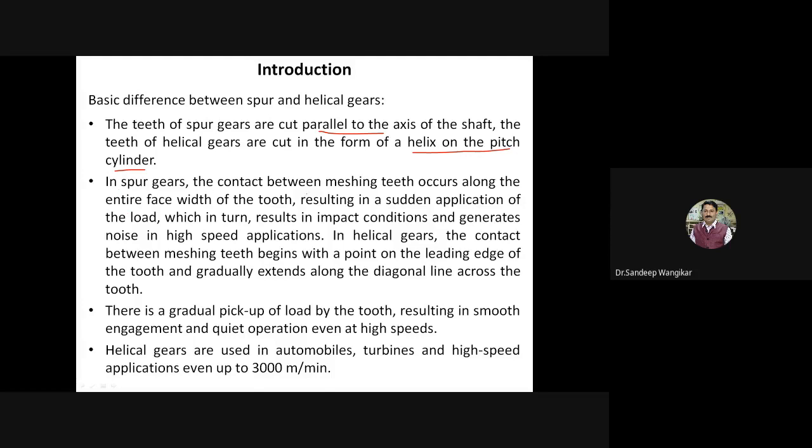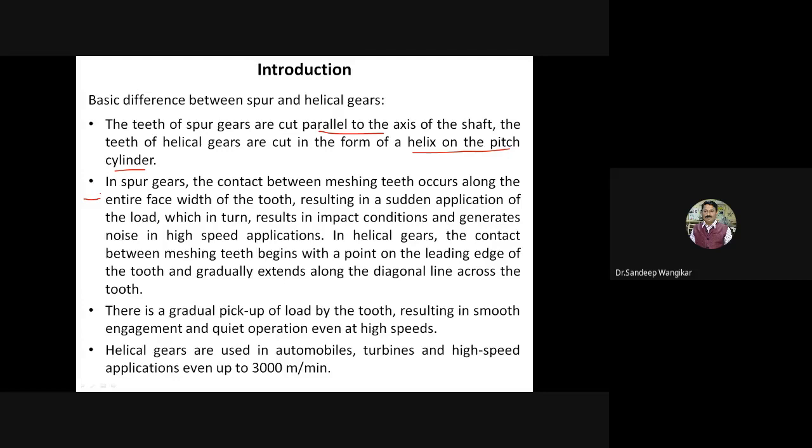In spur gears, the contact between meshing teeth occurs along the entire face width of the tooth, resulting in sudden application of load, which in turn results in impact condition and generates more noise. We will split it into four points. In spur gear, the teeth are cut straight, not at an angle.